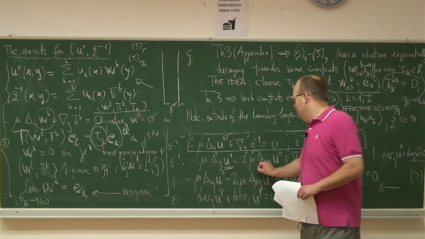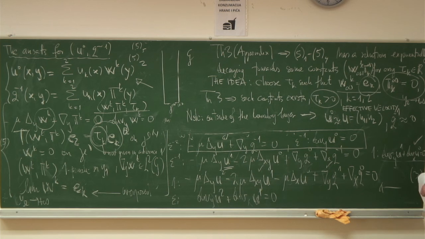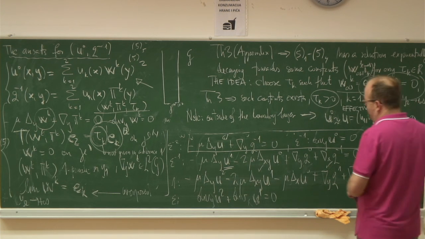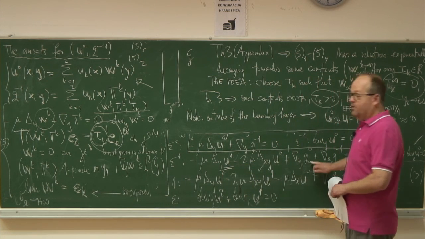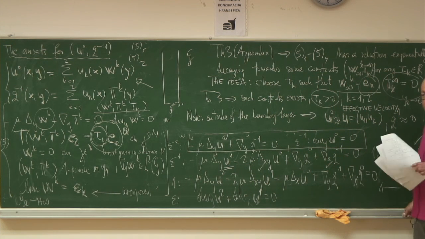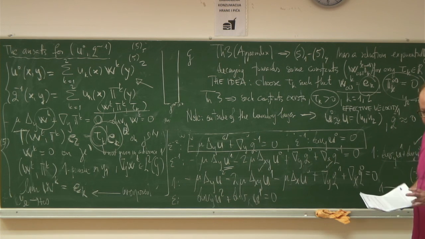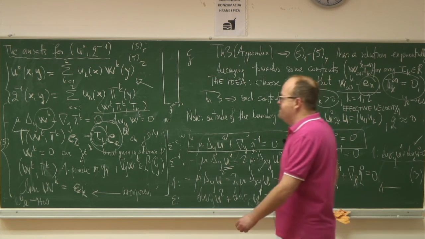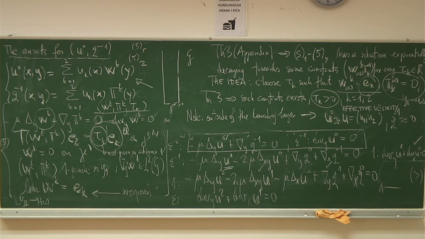We have to compute this one, and derive the problem for U1, Q0. But I will leave that for our next lecture, okay? For now, it is quite enough. Thank you very much. Do you have any questions? If not, we are finished for today.